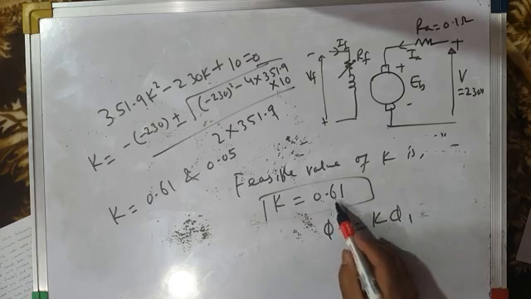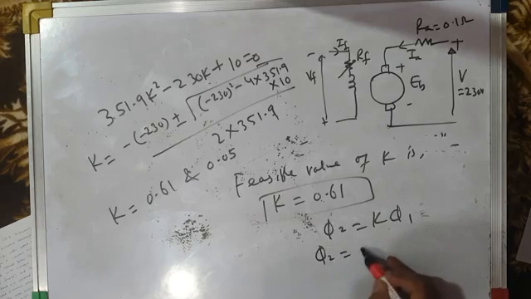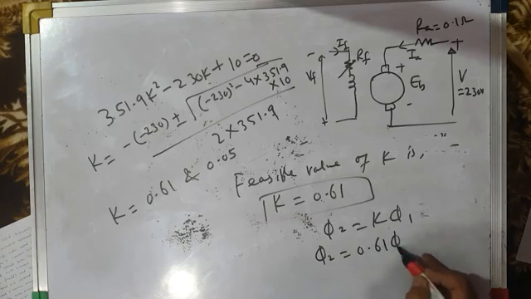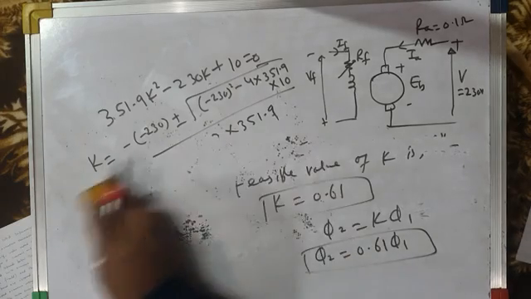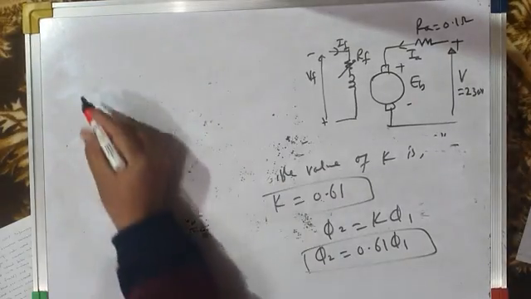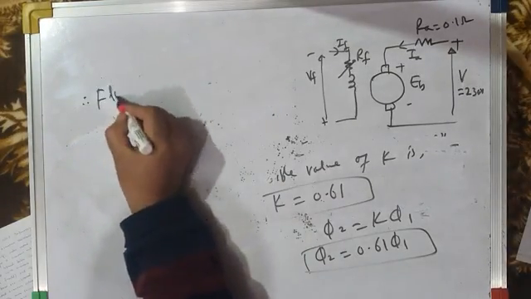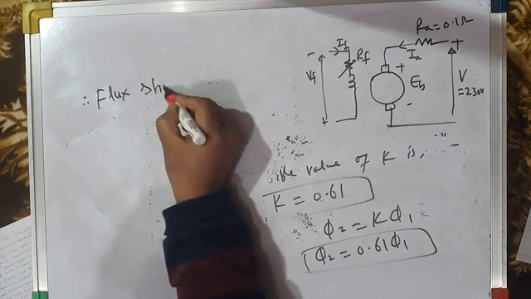By an amount of 0.61. So phi 2 should be 0.61 times phi 1. Therefore the flux must be reduced to 0.61 times its rated value to get a high speed.